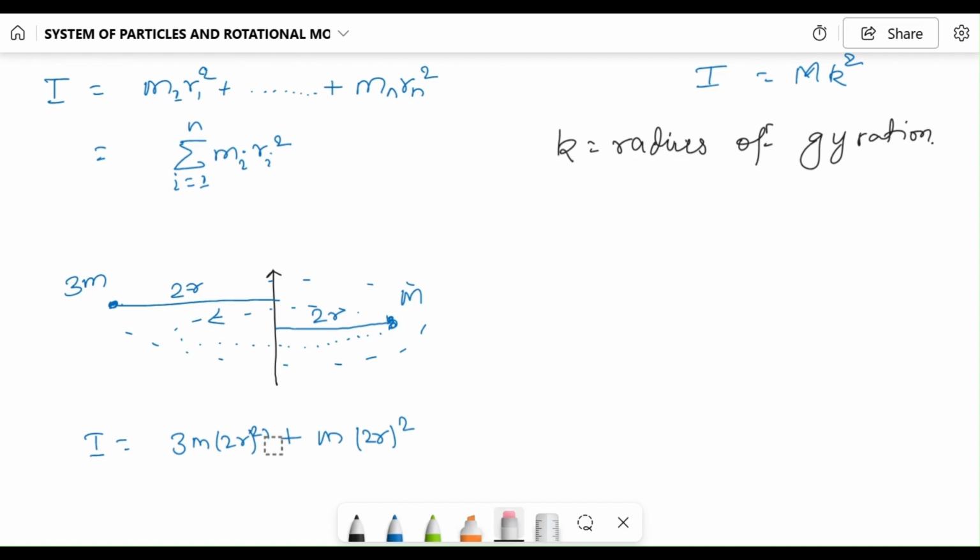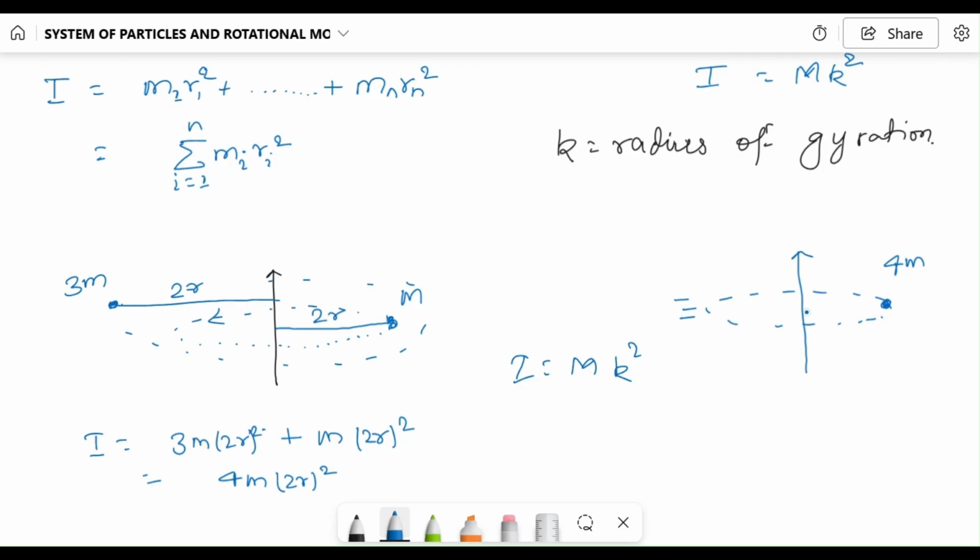Now we can write it as 3m plus m, 4m, times 2r whole square. Now we can compare with the equation I equals M k square. Let's say we have an equivalent arrangement here, with mass 4m revolving around the axis on a circular path of radius k.